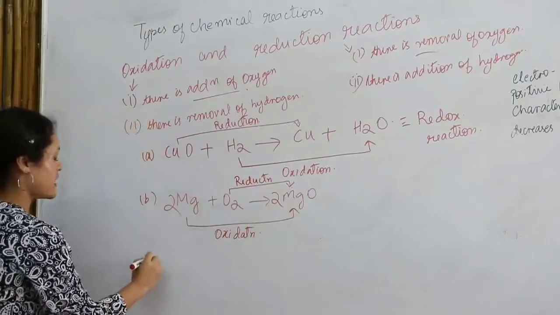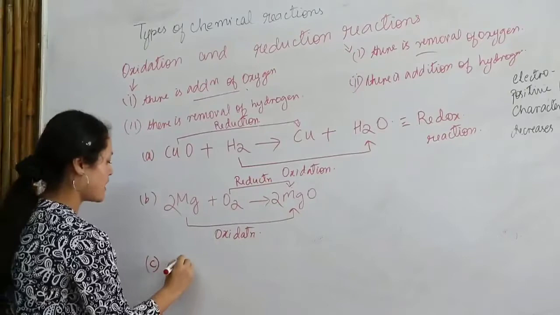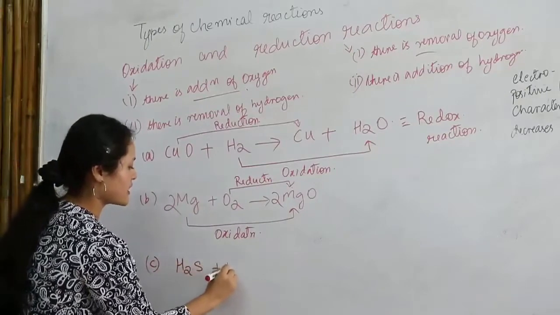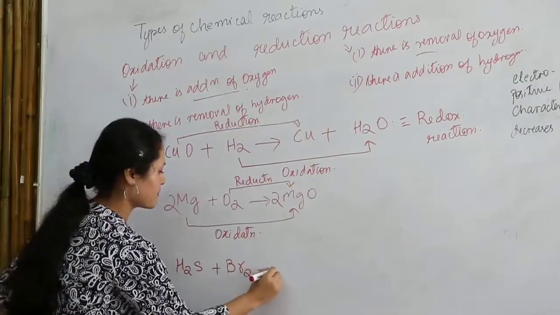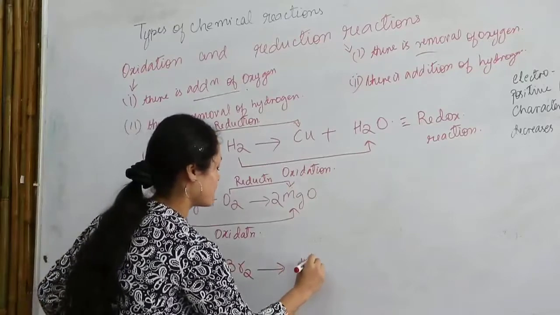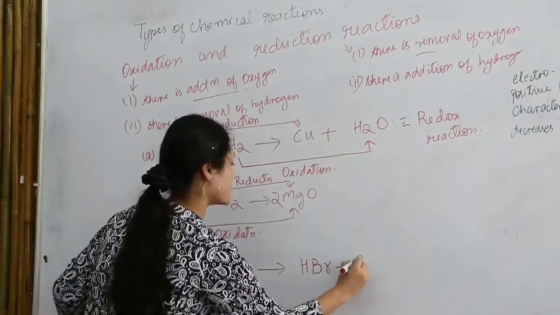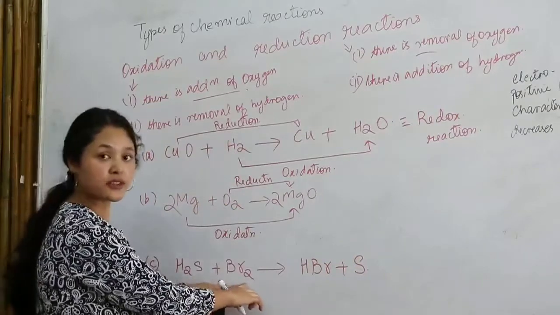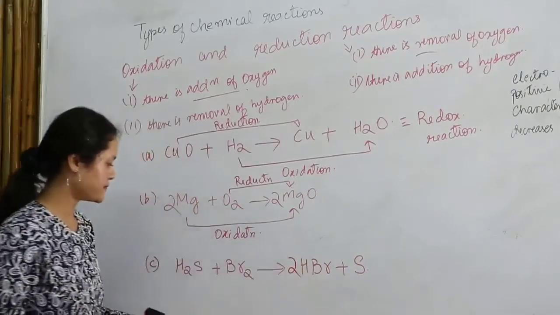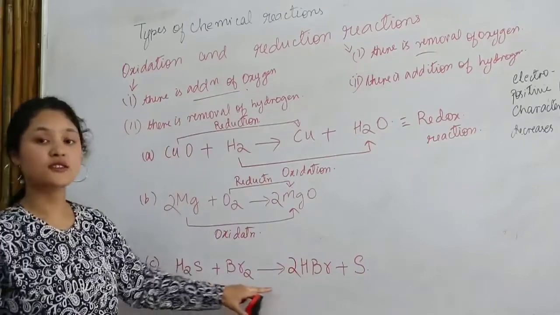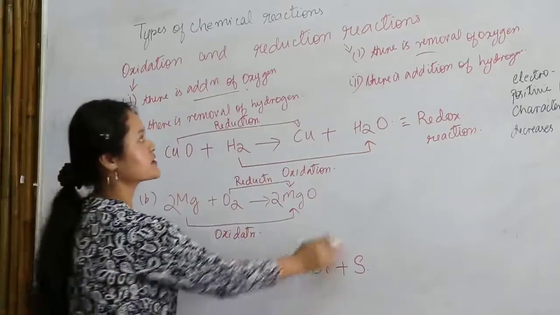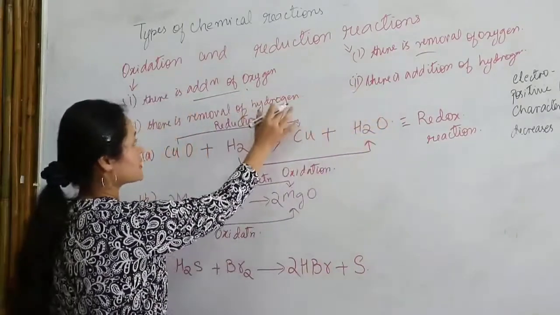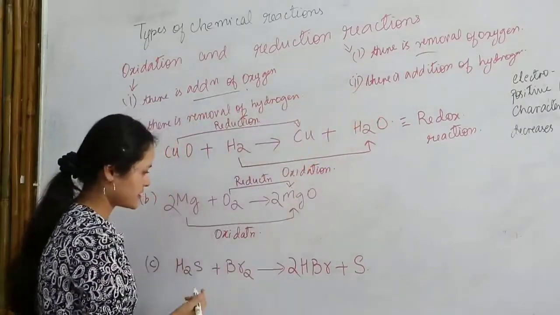Let me give you the last example. Hydrogen sulfide is added with bromine. Let me balance it. There are 2 hydrogens here and 2 bromines, so just add 2 here. Here there is no oxygen, so you check for hydrogen.